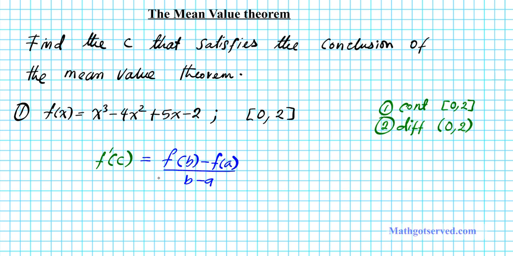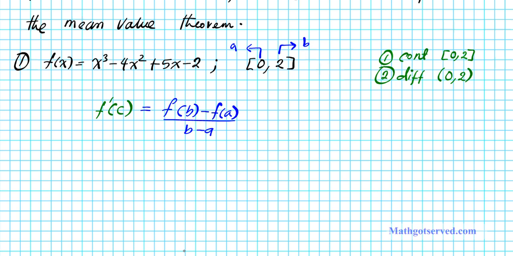So this is what we're going to be solving for, the C that satisfies this equation. Now, a is the lower bound of your interval, which is 0, and b is the upper bound of the interval, which is 2. So let's divvy up our work into two parts.